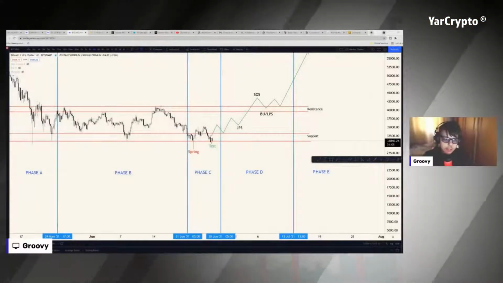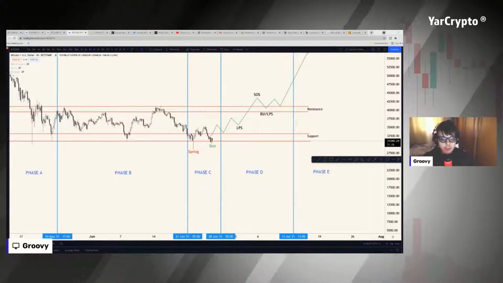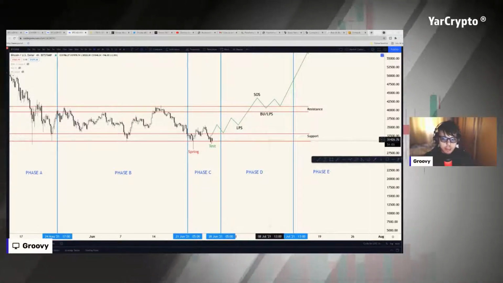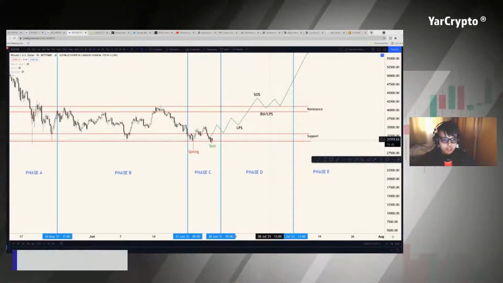So I'm going to show you guys all the possibilities that we have, both for the bullish side and for the bearish side as well, because I strongly believe that we are going to have some interesting days ahead of us for the BTC price.